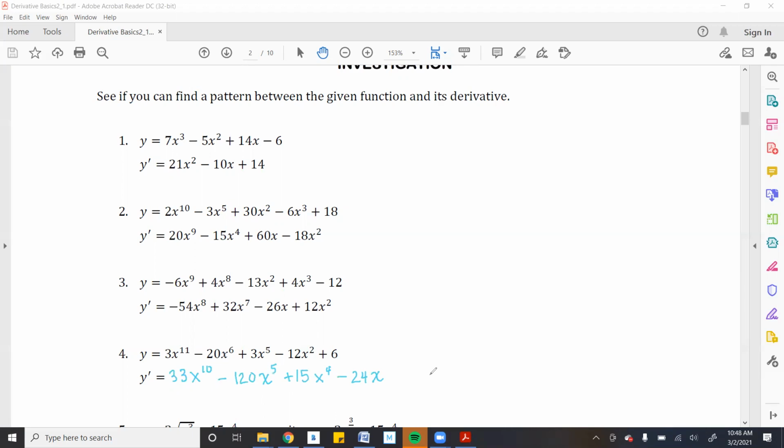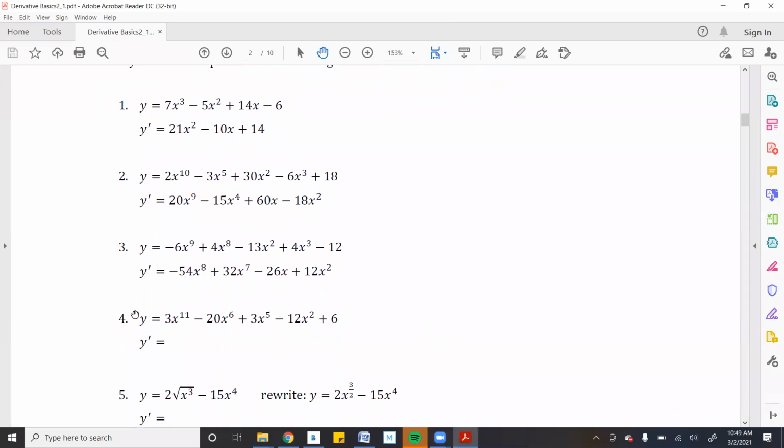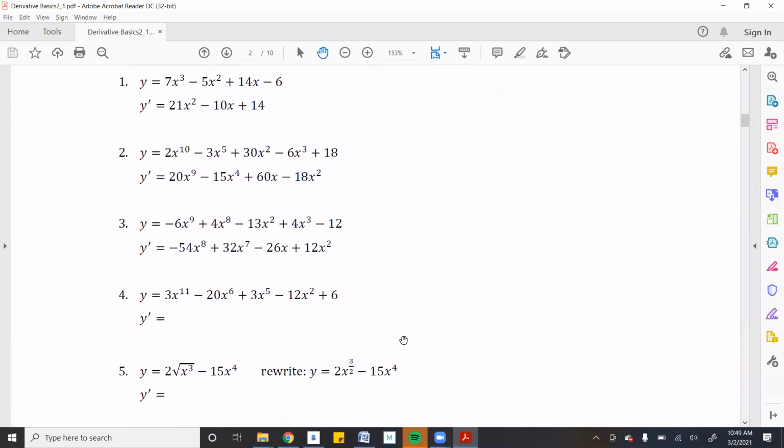So if you got that, you're probably on the right track. And I want you to try the next one. And if you didn't get that, see if the pattern from number 4 will help you adjust your pattern. See if you can come up with a different rule. And we're going to try number 5 next.